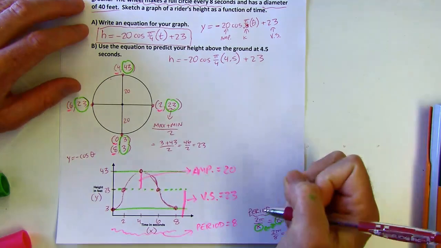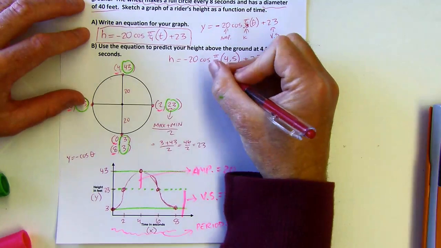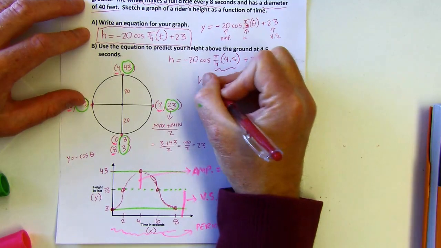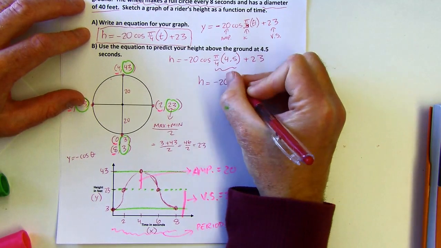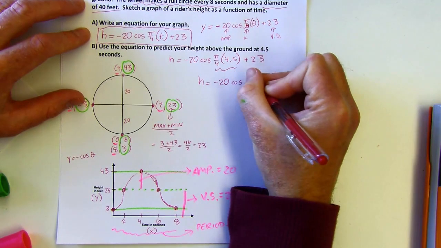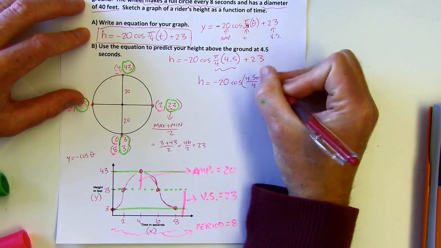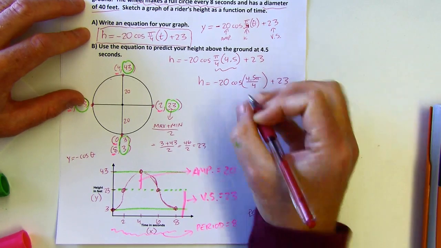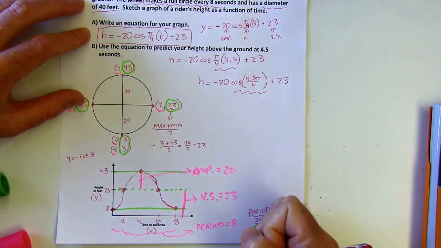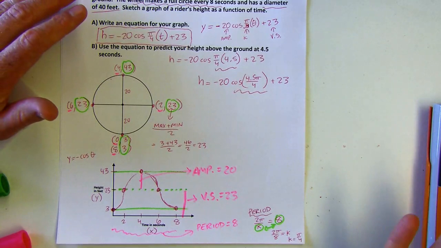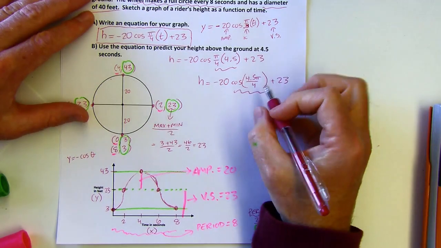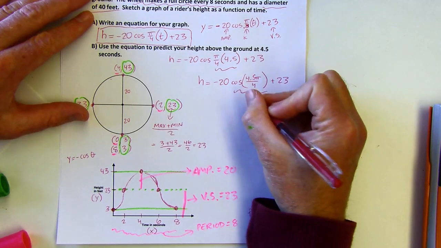Okay? So I'm going to start simplifying this a little bit. I'll start in here. Okay, and now I'm going to figure out this part with a calculator. I don't know what the cosine of 4.5 pi over 4 is, but I do know that I have to be in radian mode here.